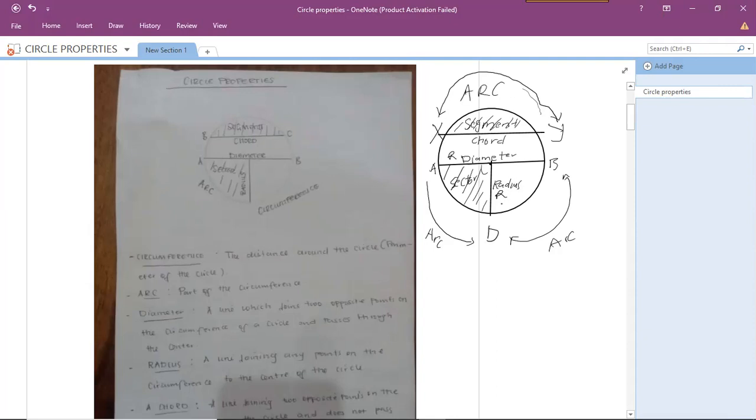This becomes very important because in just a few pages, we're going to be talking about things like the angle at the center is twice the angle on the circumference subtended by the same arc. You are going to see what that means in a little bit. So all these definitions are very important. When I send you this video, you have to know all these definitions. They are very, very important.